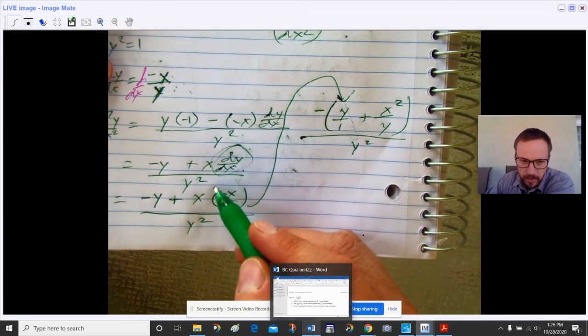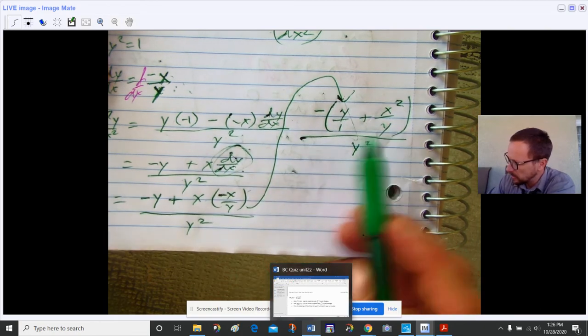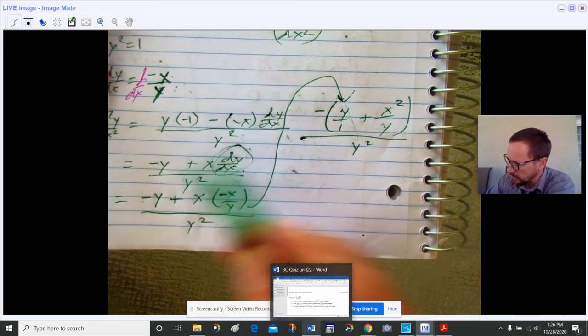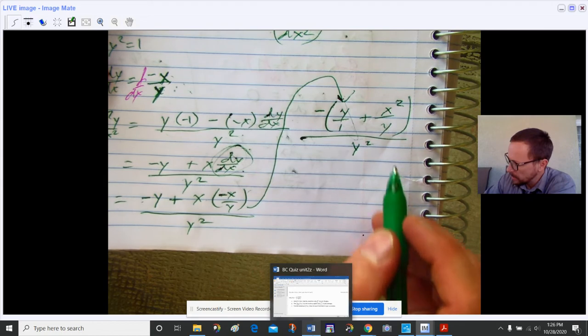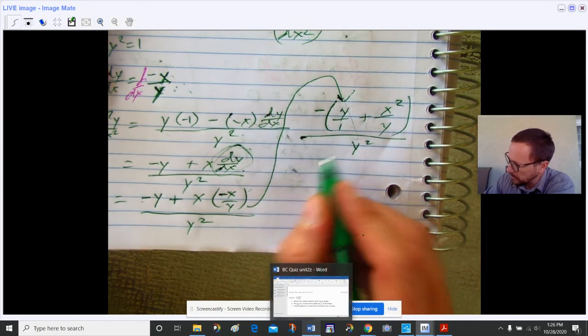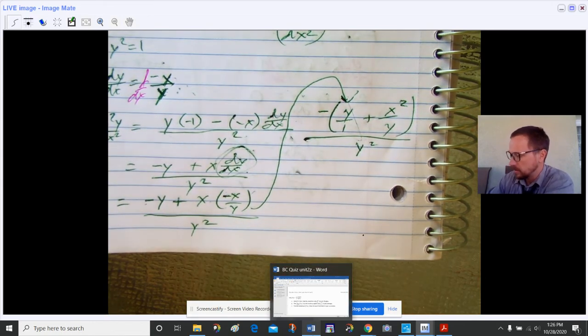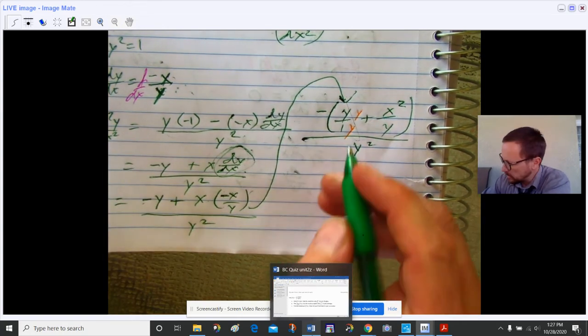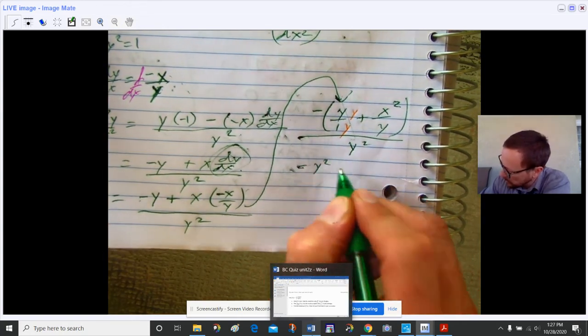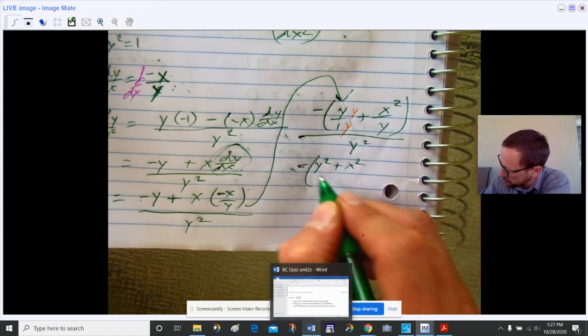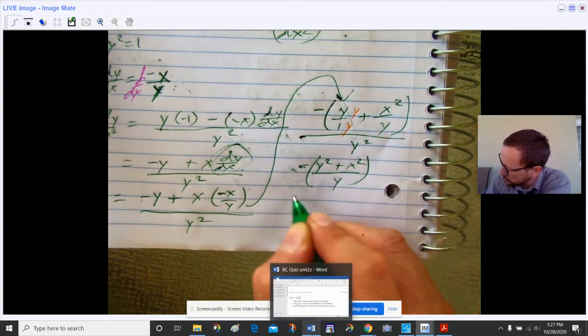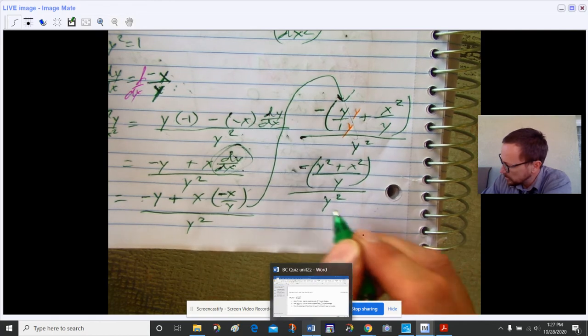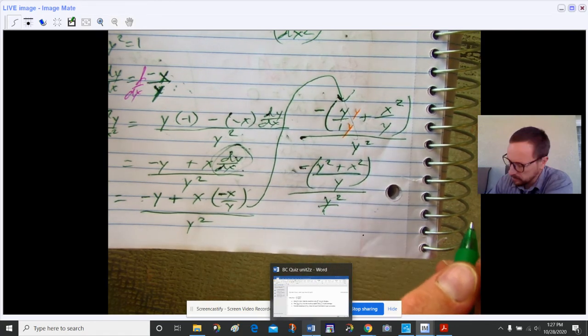So all I did was do x times x, get x squared, and factor out the negative on the outside. Well, to add these, I need a common denominator. So the easiest way is to multiply this one by y over y. And so we'd have negative y squared plus x squared over y, all over y squared.